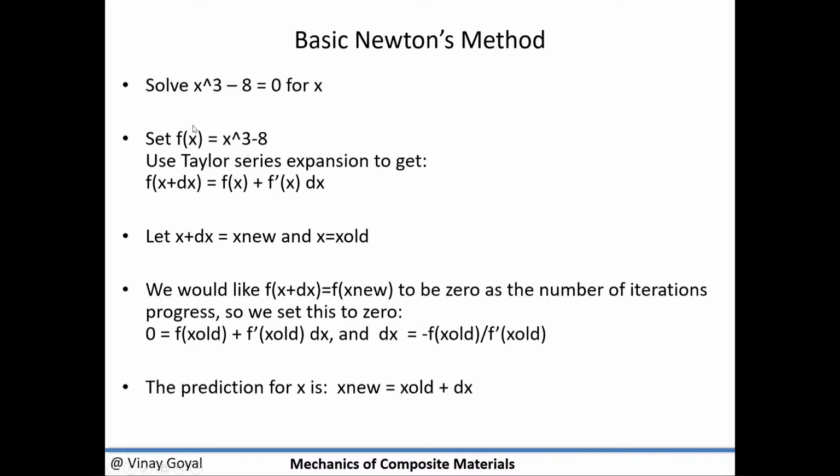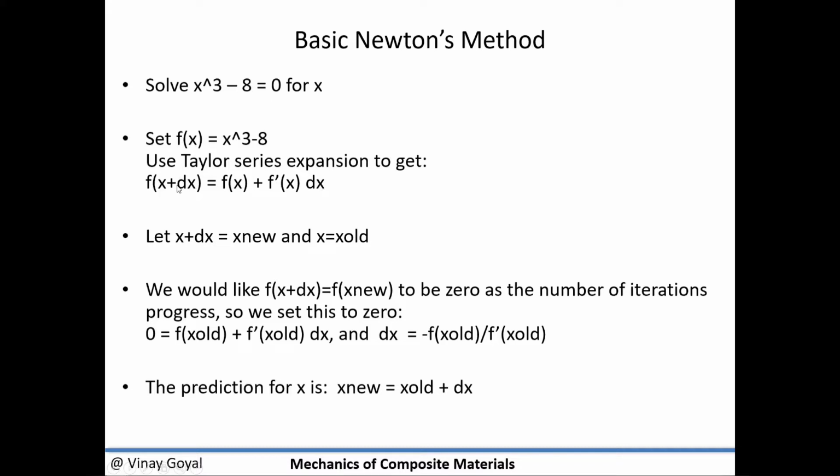If that's the case, and f(x) is close enough to 0, we can do a Taylor series expansion about the nearby solution. So we have x plus dx, and the idea is that x plus dx is the actual solution to the problem. So when I apply Taylor series expansion to this, I get f(x) plus f prime(x) dx.